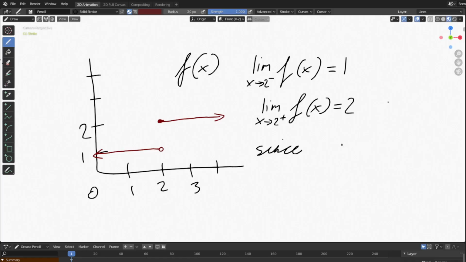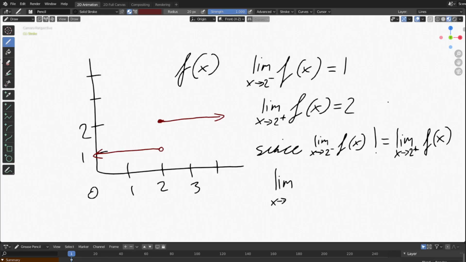And we're going to write since the limit of x approaching 2 from the left of f of x, and I'm going to use a bit of programming notation, does not equal the limit of f of x as x approaches 2 from the right, the actual limit for x approaches 2 for function f of x does not exist.